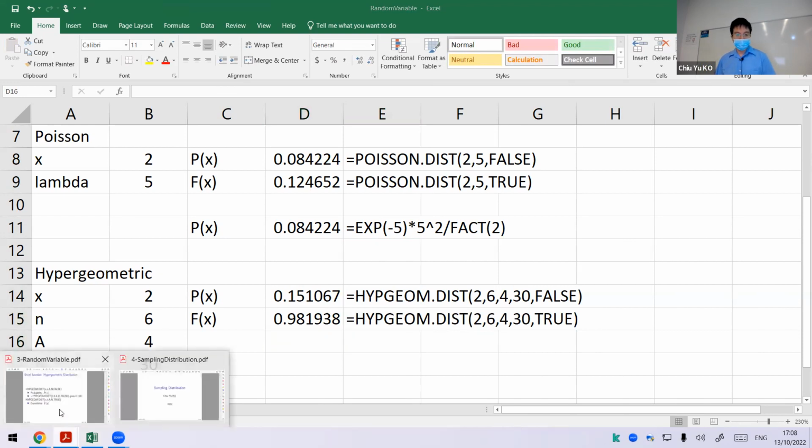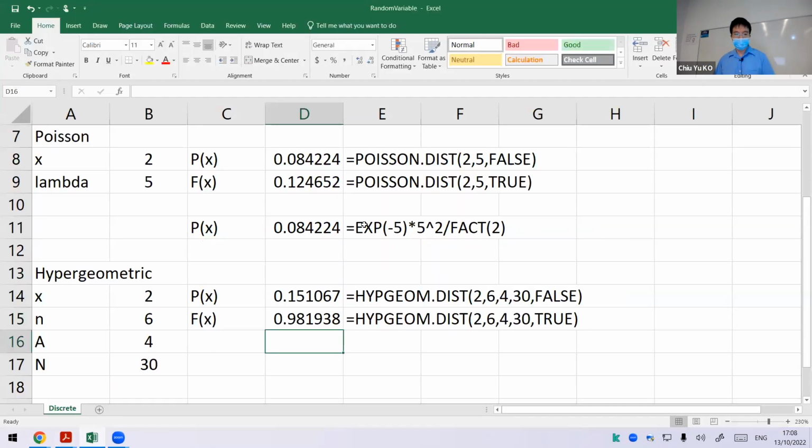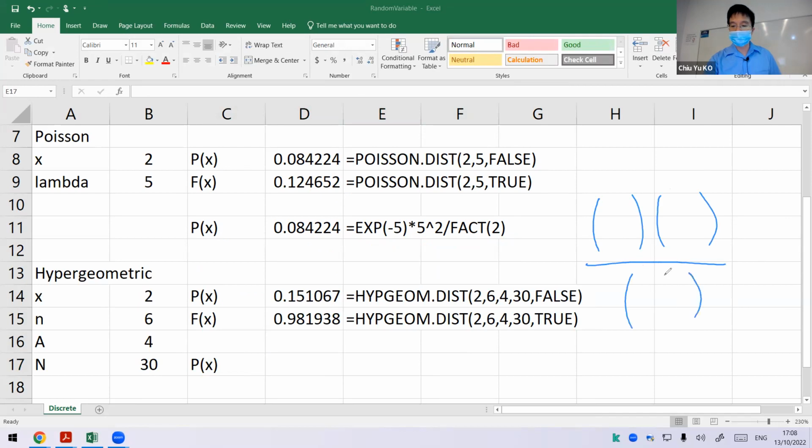And let's verify this formula, whether this is right or wrong. Try to remember what the formula is here. For the P of the hypergeometric, it's actually a ratio of combinations, which is N over n: you have N things, and you just draw n of them.